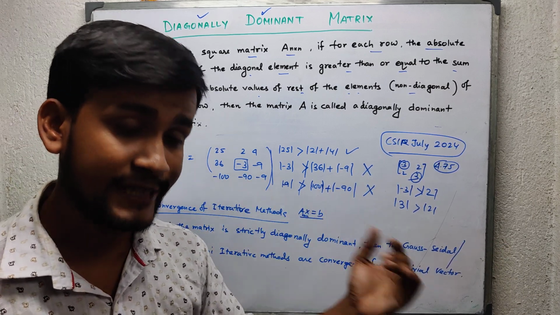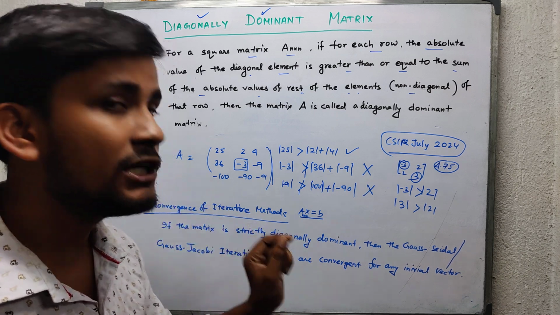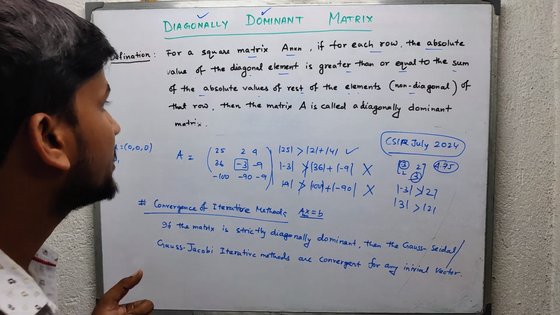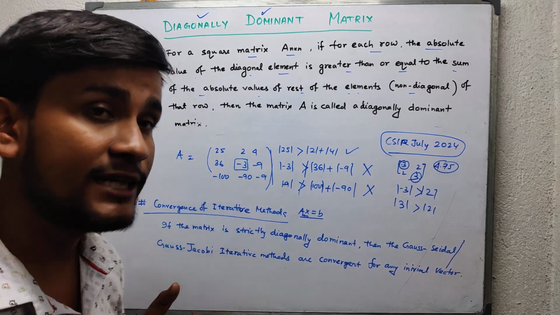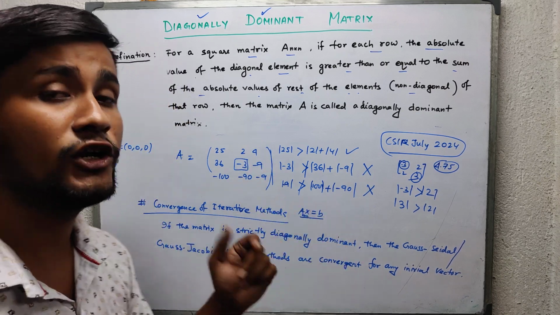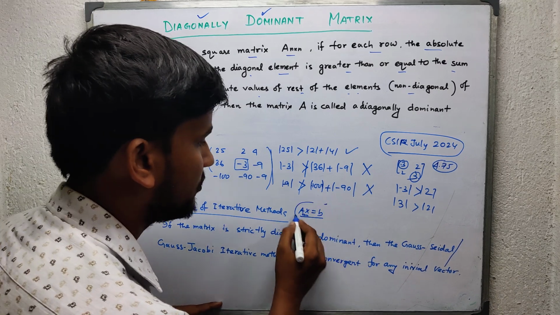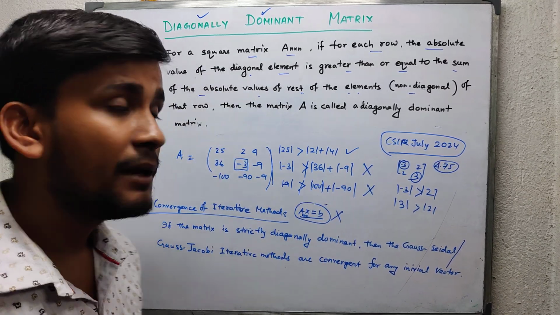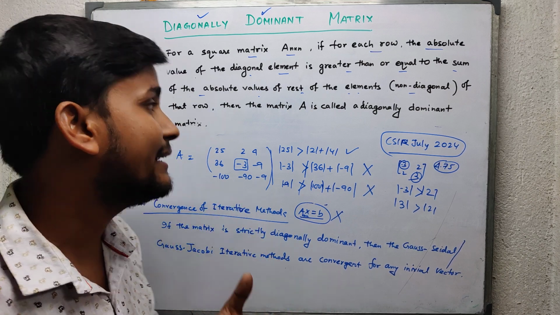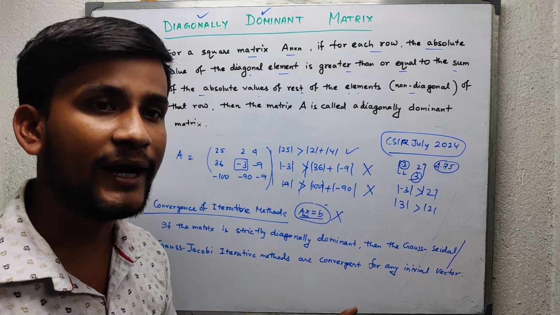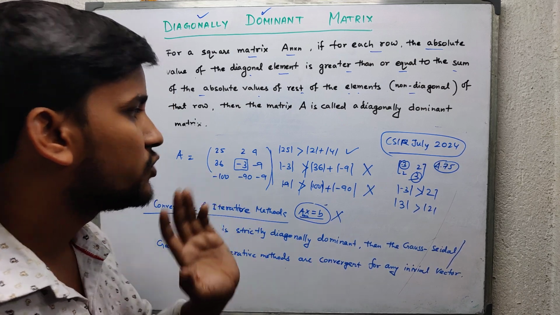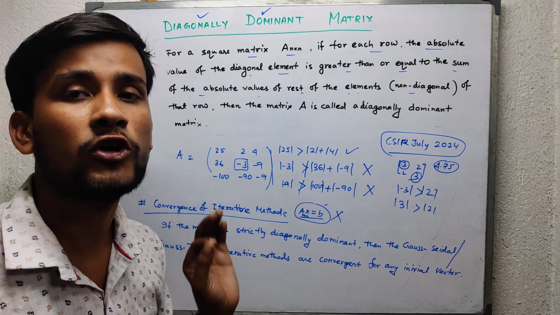So you first have to check whether these methods are convergent or not, and this is a very tricky shortcut method to check it, because if the iterative methods do not converge, then we can't solve this system. So I think you will understand the importance of the diagonally dominant matrix: in just 3 or 4 seconds, or 10 or 20 seconds, you can check whether the system is convergent or not.